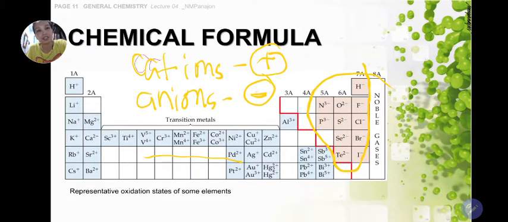While yung cations, mas malaki yung possibility na magbigay ng electrons. That's why nagiging positively charged sila kasi nababawasan sila ng negative charge. Yung anions naman, since nadadagdagan sila ng negatively charged electrons, kaya sila negative. Okay, so these are the representative oxidation states of some elements. Minsan ito yung usually and commonly used elements.